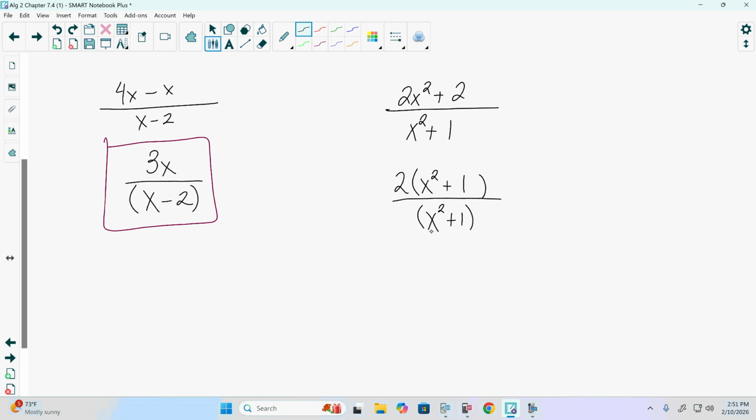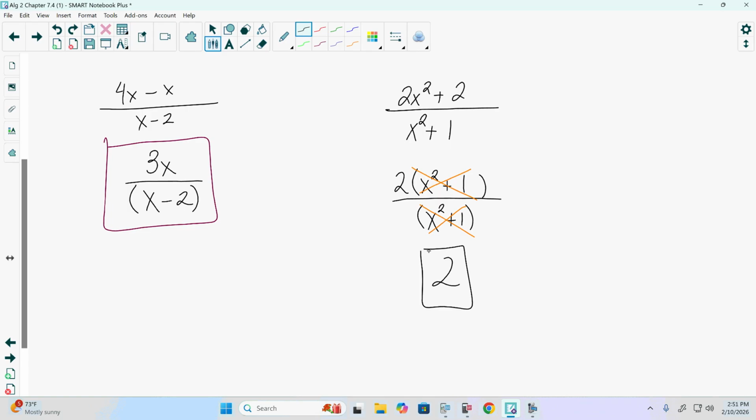No, they're being what? Multiplied. So can I simplify the x squared plus 1 on top with the x squared plus 1 on bottom? Yeah, because they're being what on top? Multiplied. These two will cancel, leaving me with 2 over 1, or just 2. Yeah, both are the same.